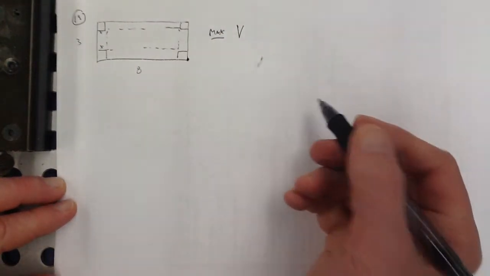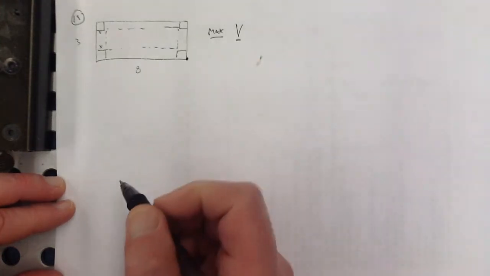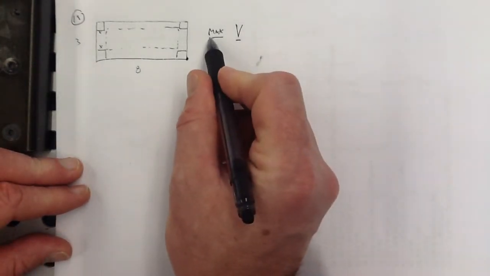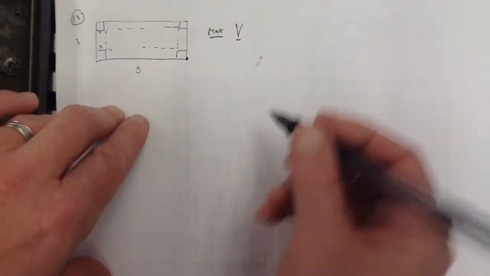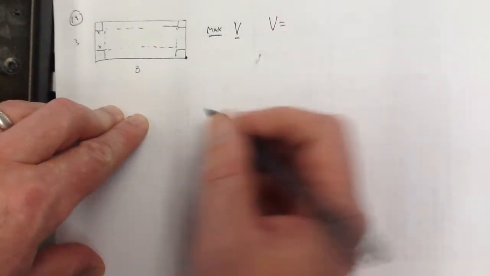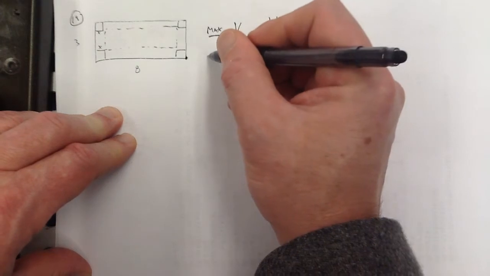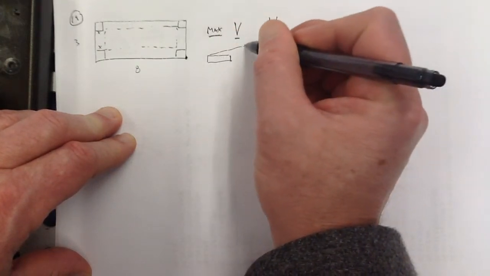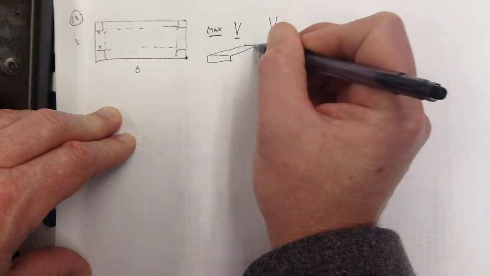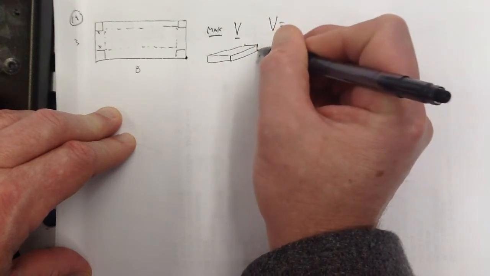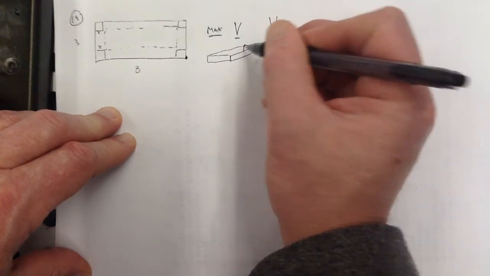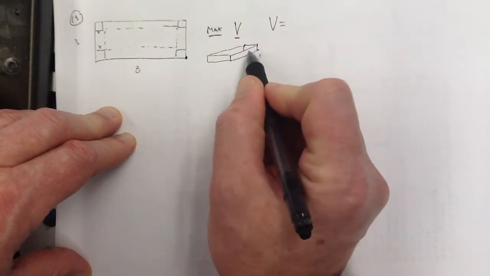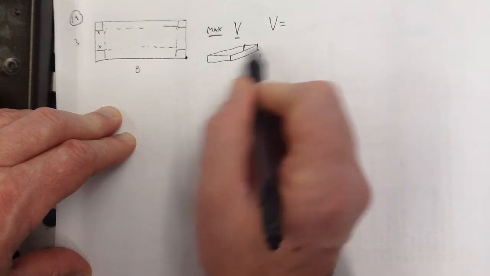So I want to find the max volume. So that means I need an equation for volume, a function for volume, and then I need to find the maximum of that. Okay, so the volume of this box, once those things are folded up, it's going to look like this. And so let's see, what are the dimensions of the box?